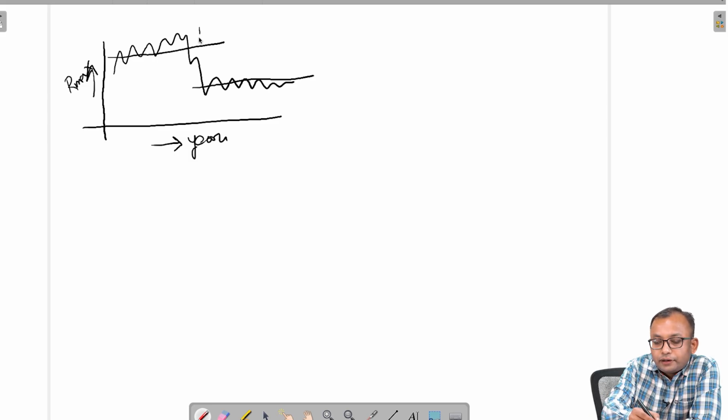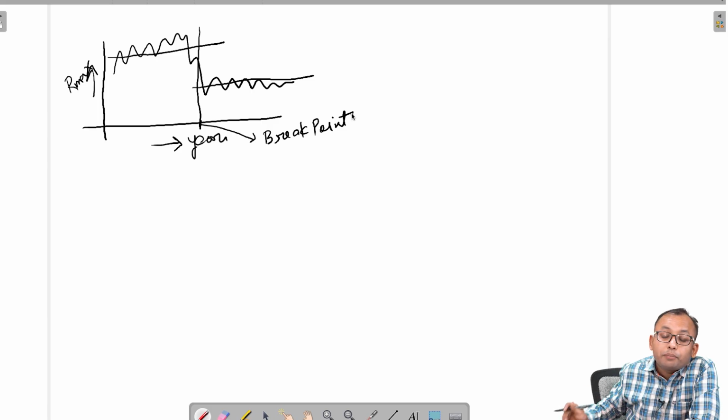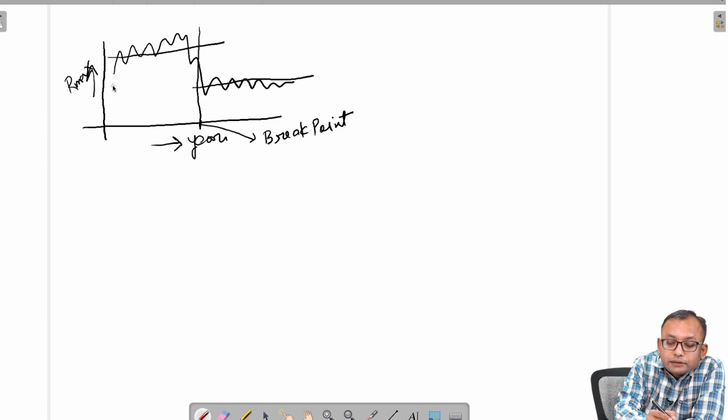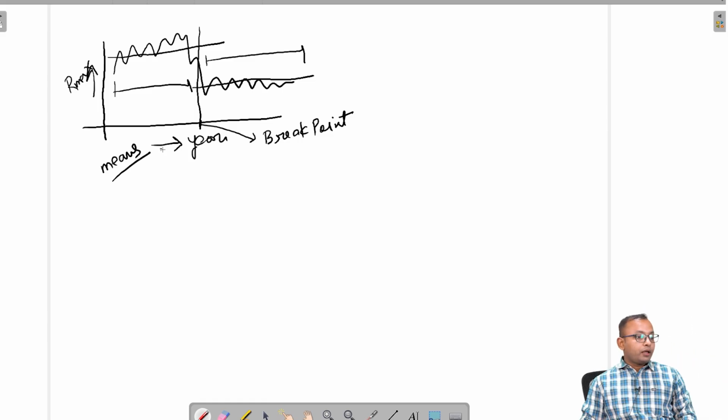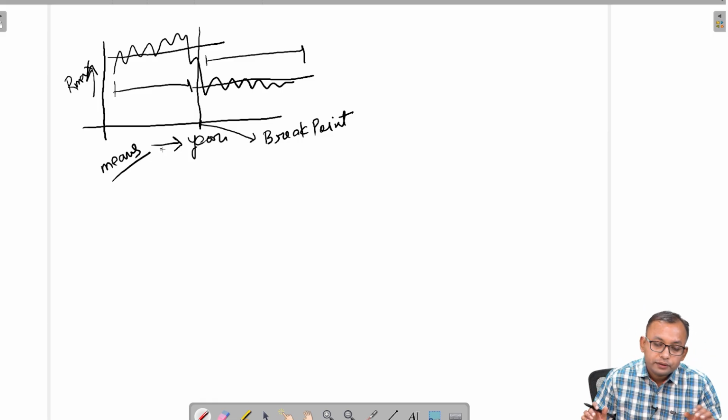And somewhere here we will have a point which is called a break point, because this time series segment and that time series segment have slightly different means. So, this is what we call the break point.